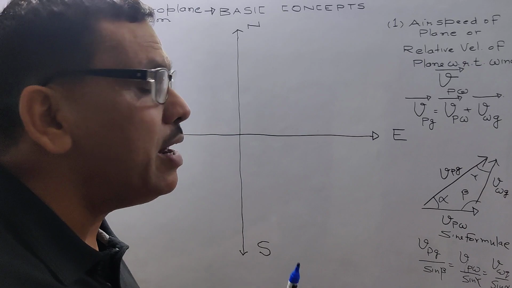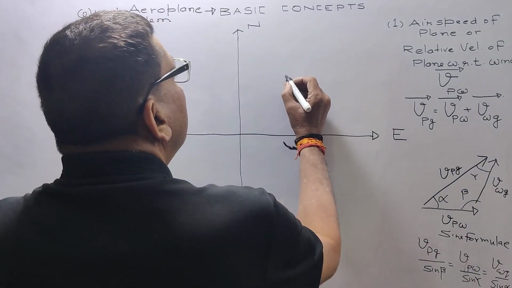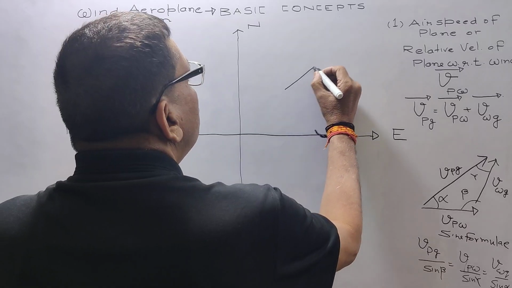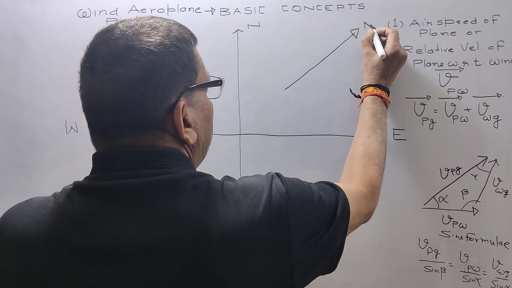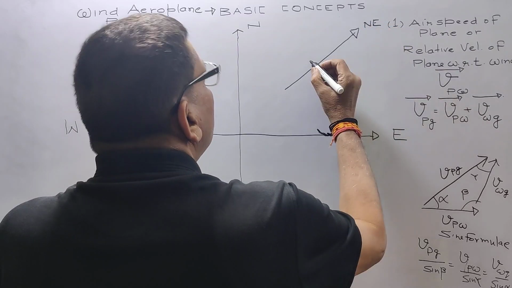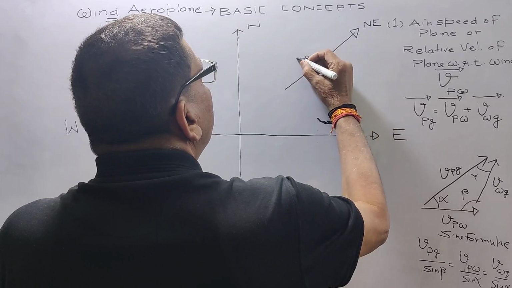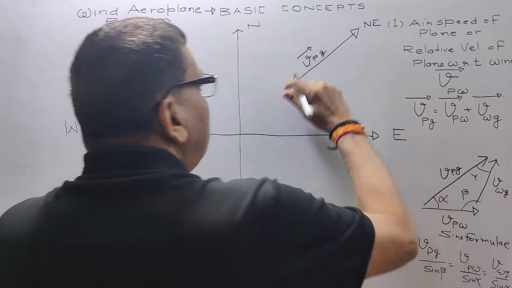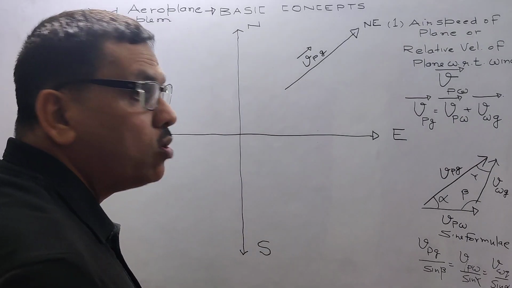Now let us see. A plane has to land in northeast direction. It means this will be representing, suppose I say this is the northeast direction, the plane velocity with respect to ground, that it actually has to land. Now let us say wind is blowing towards east.